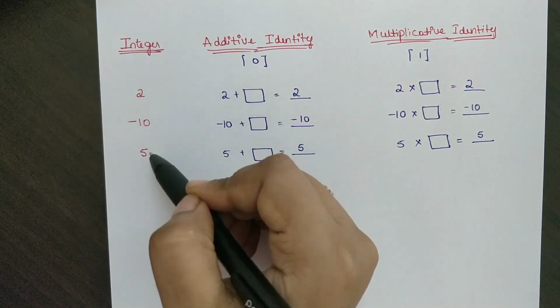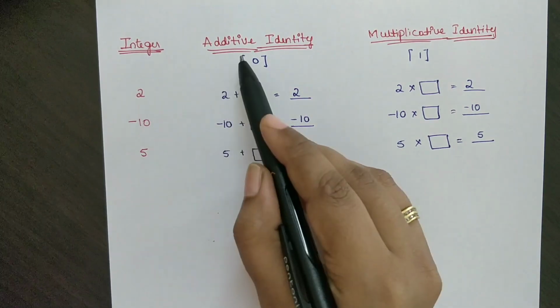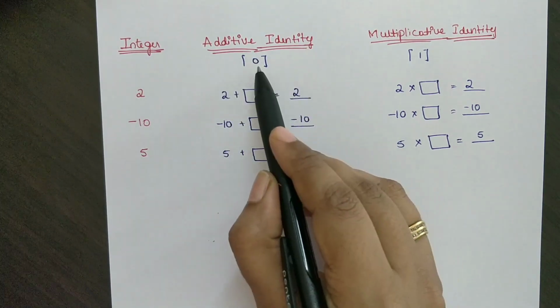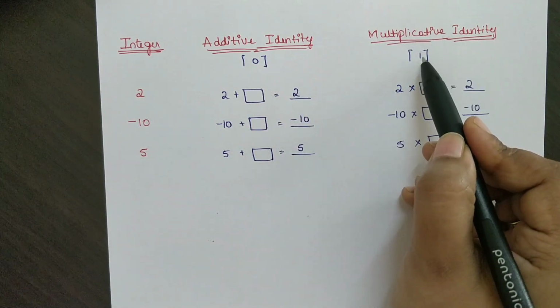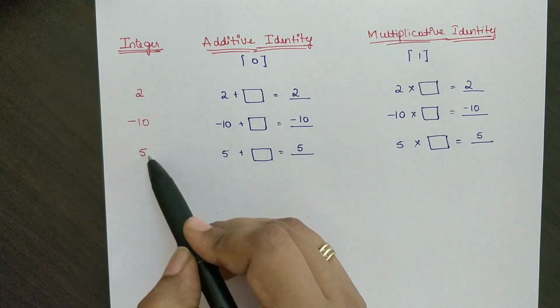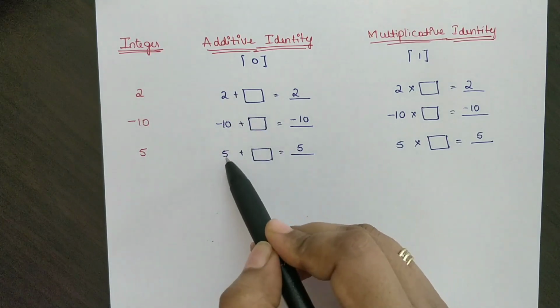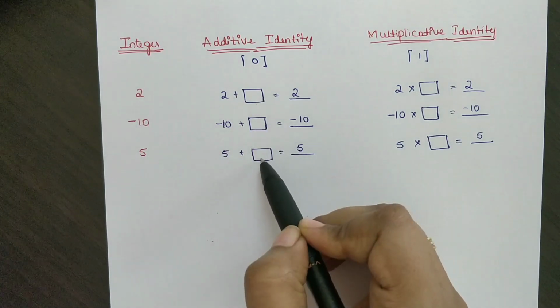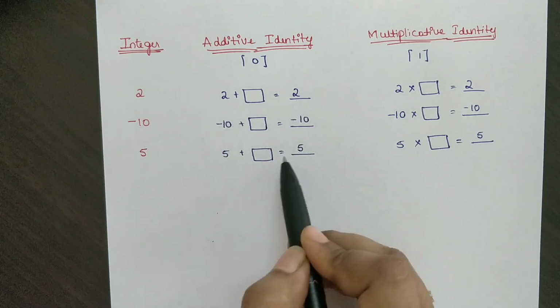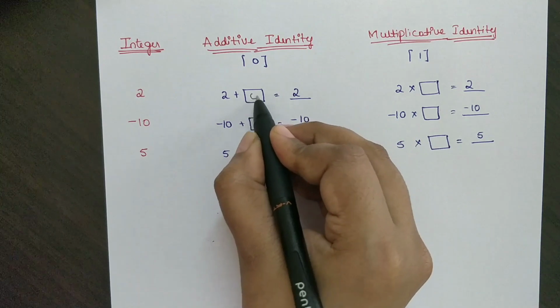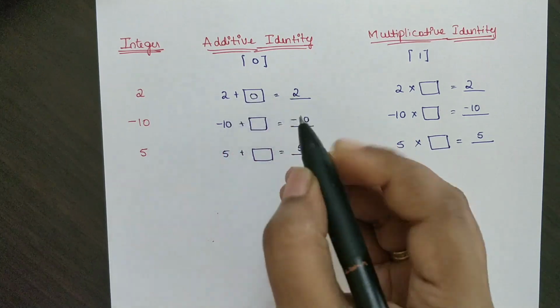For given integers, the additive identity will be 0 and the multiplicative identity will be 1. For the given integers 2, minus 10, 5, what should be added so that the value does not change? If we add 0, 2 plus 0 is 2.